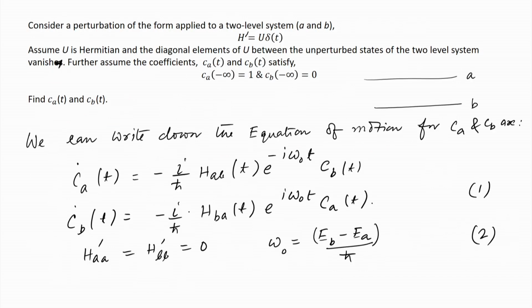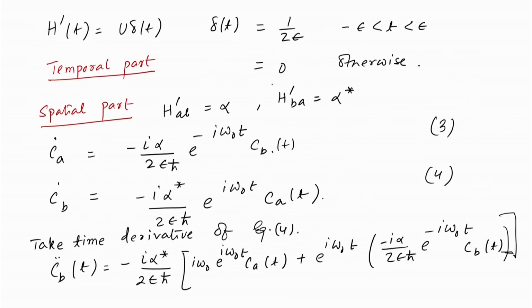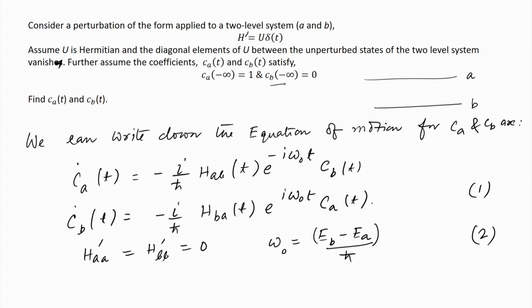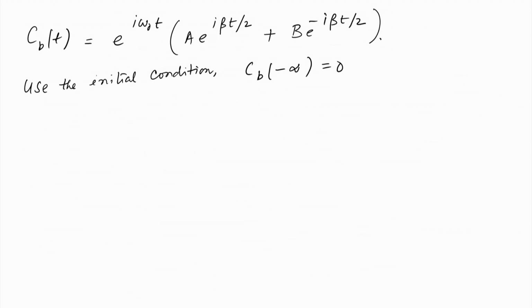This is what the initial condition says, that C_b of minus infinity equals 0 and C_a of minus infinity equals 1, and the same route can be rerun for the C_a coefficient, which I leave it to you, just showing it for C_b of t.